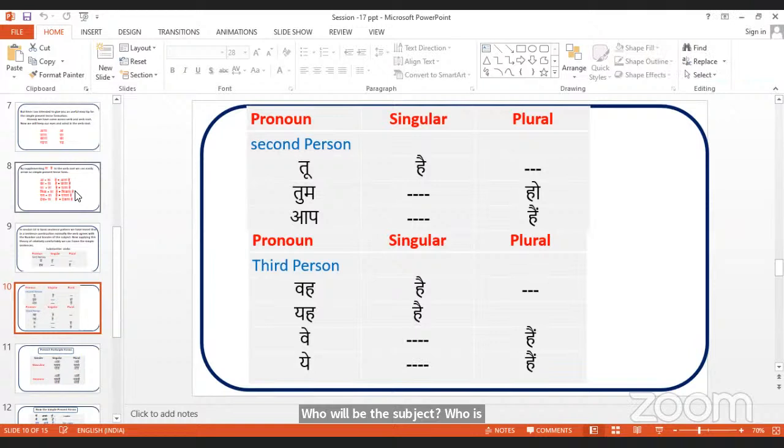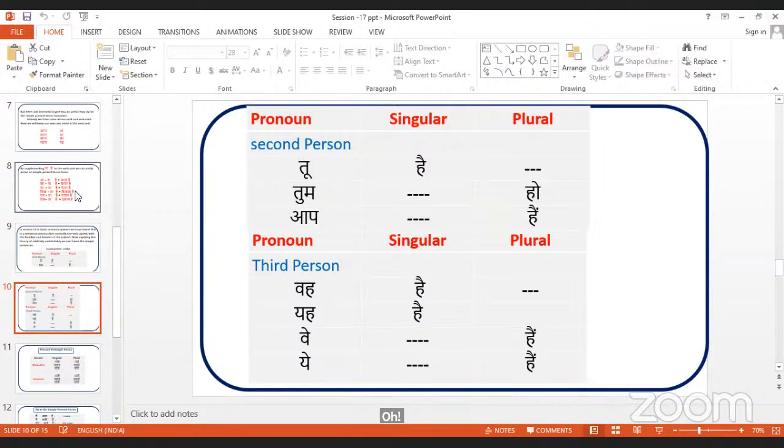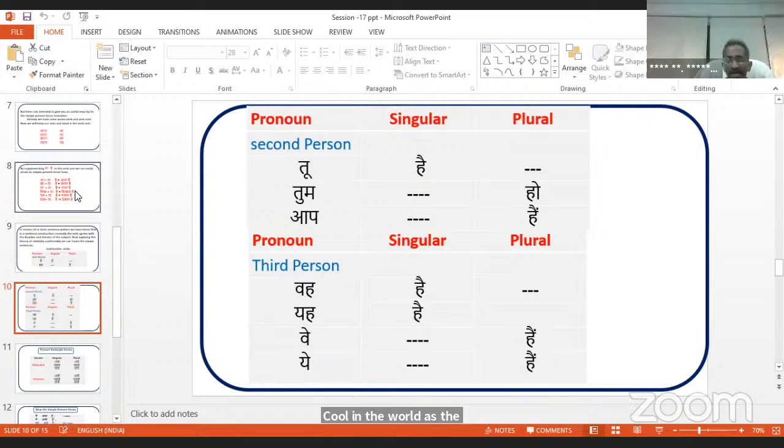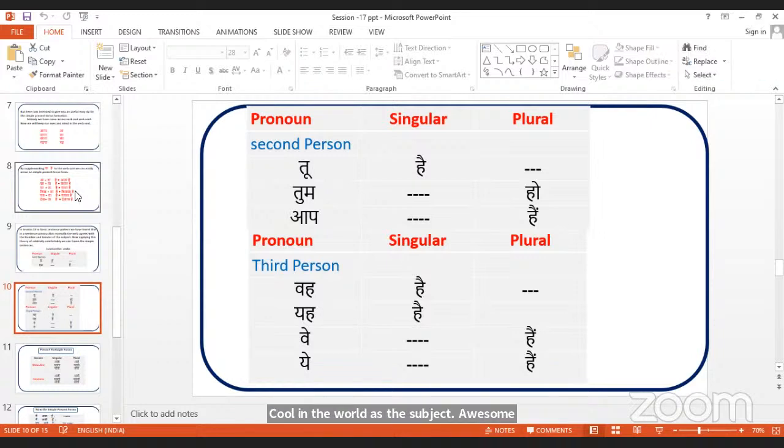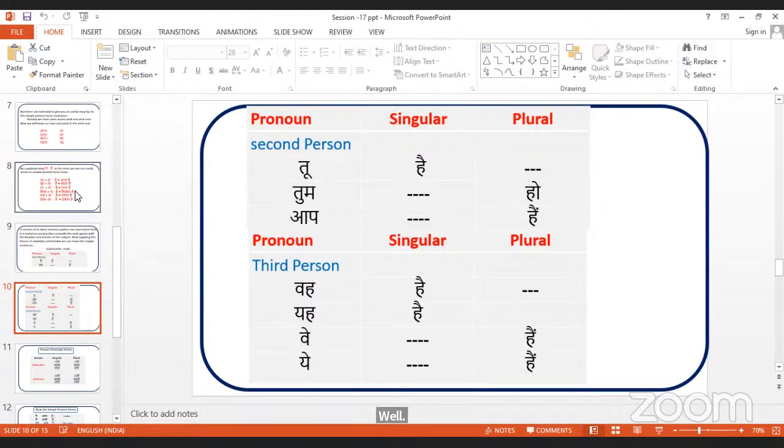Whenever tum comes as the subject, ho will come along with the verb. Aap hain. Woh hai. Yeh hai. Woh hain. Yeh hain.